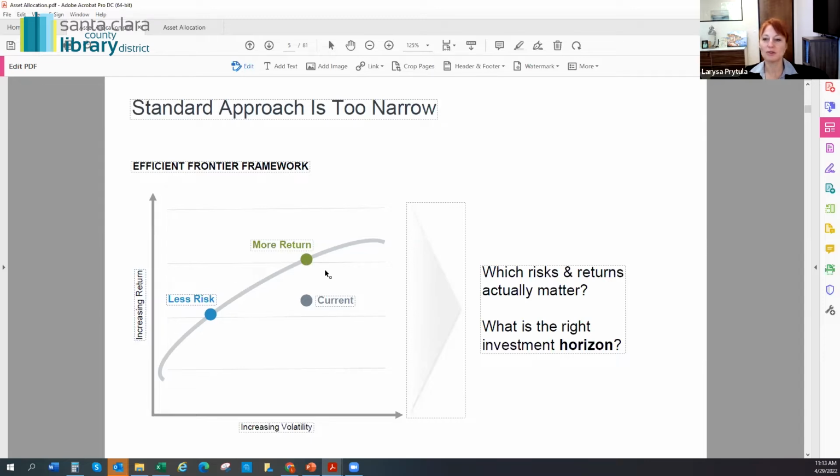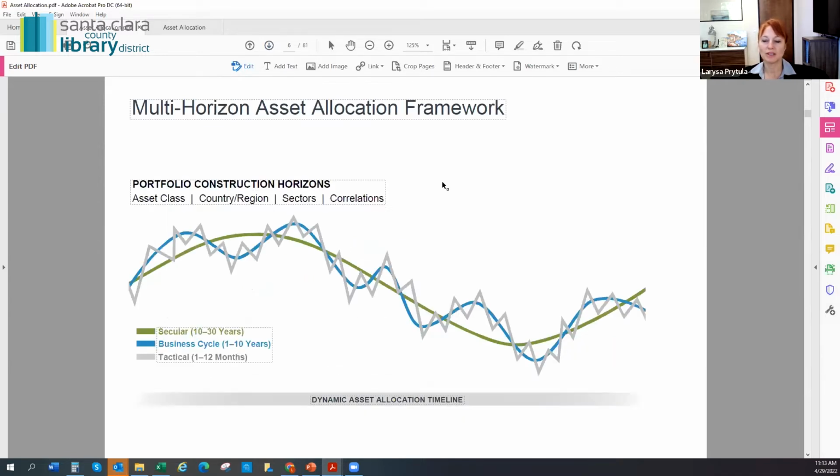This is called the efficient frontier. It was developed by Fama and French at the University of Chicago years ago, and it's probably one of the greatest financial works in the last 50 years. So we want to really allocate the portfolio in a way that it has good risk and reward, we call it.